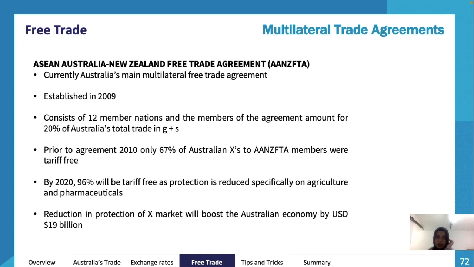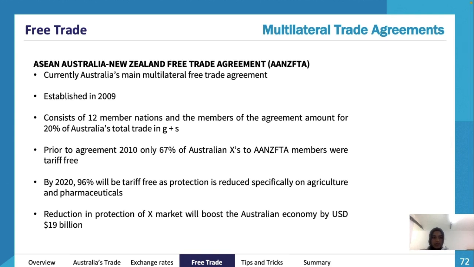So it's established in 2009, and consists of 12 member nations. So the members basically account for 20% of Australia's total trade in goods and services, which is a huge chunk of Australia's total trade, right? So prior to 2010, only 67% of Australia's exports to AANZFTA members were tariff-free, so there was no tax on the imports.